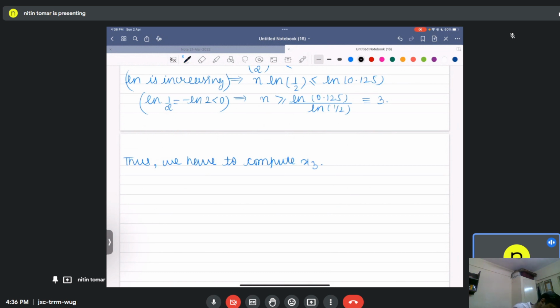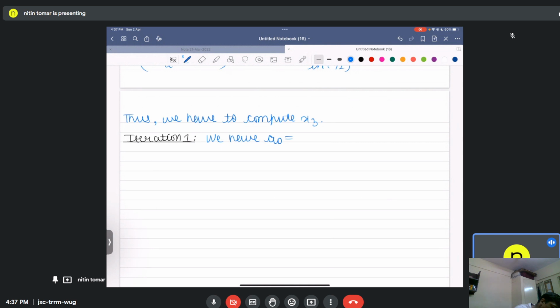So iteration 1. You see we have a0 is 0 and b0 is 1.